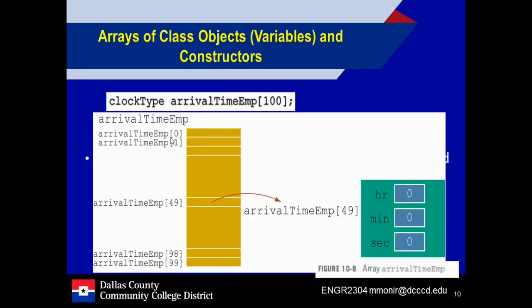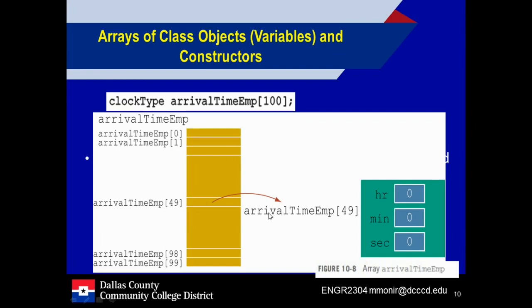Same as other data types, we can generate an array of class types. In this particular case, we have defined 100 objects of clock type, and each object of that clock type is just like an array of any other data type, but these contain private member variables as their data.